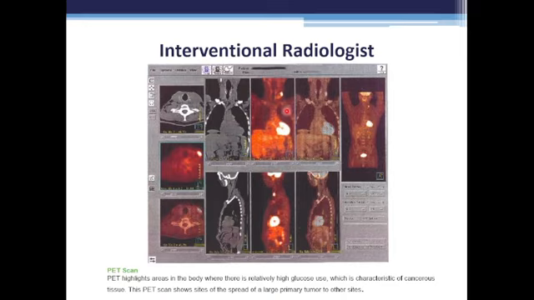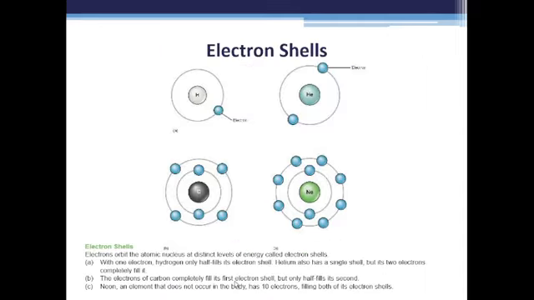PET scans are useful for detecting cancer, for tracking the spread of tumors, for evaluating brain function, and for studying heart metabolism. There are even more uses of this, and we might talk about them in the next couple of videos. So, atomic structure is not just theoretical, it directly affects medical diagnosis and treatment.